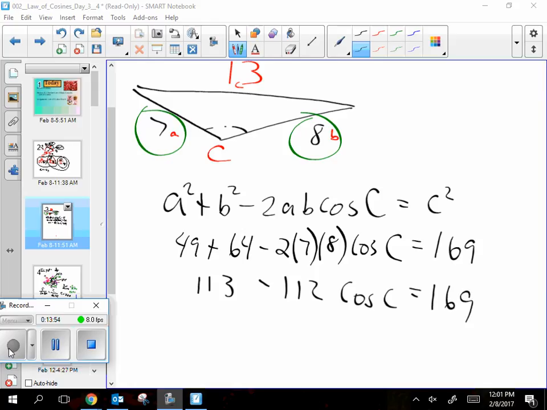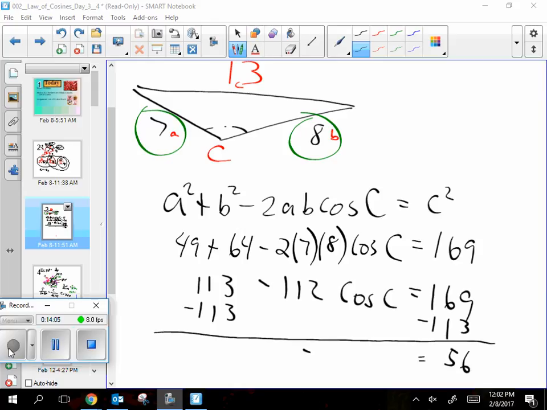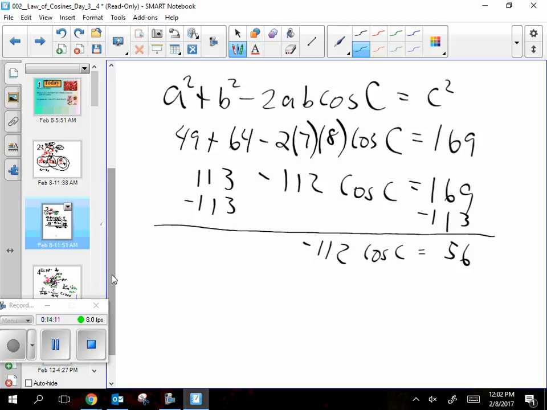Now I'm going to subtract the 113 from both sides. 56 equals negative 112 cosine C. Then I divide both sides by negative 112. Ooh, that works out really nice because cosine of C turns out to be negative a half.